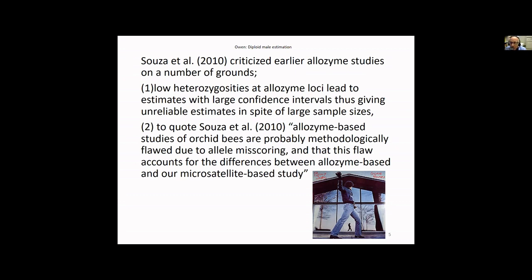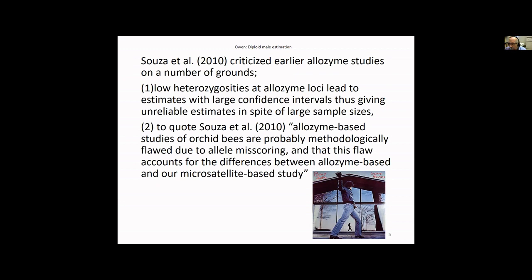Now, this, I think, is a case of people who are living in glass houses throwing stones, because as we'll see, the statistical techniques used by the microsatellite people aren't that reliable, and this second criticism does seem to be rather ad hoc and ad hominem, not based on any real evidence.